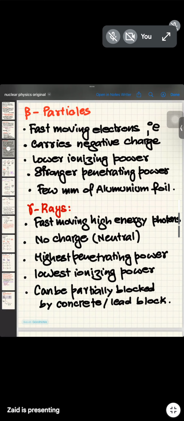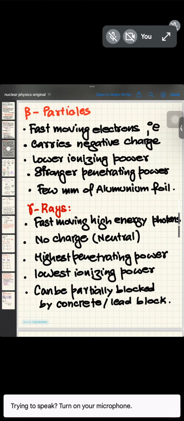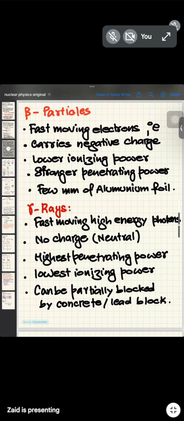They have negative charge. They have lower ionizing power and a stronger penetrating power as compared to alpha particles. They can be stopped by a few millimeters of aluminum sheet, so most of them can be stopped by placing an aluminum sheet.